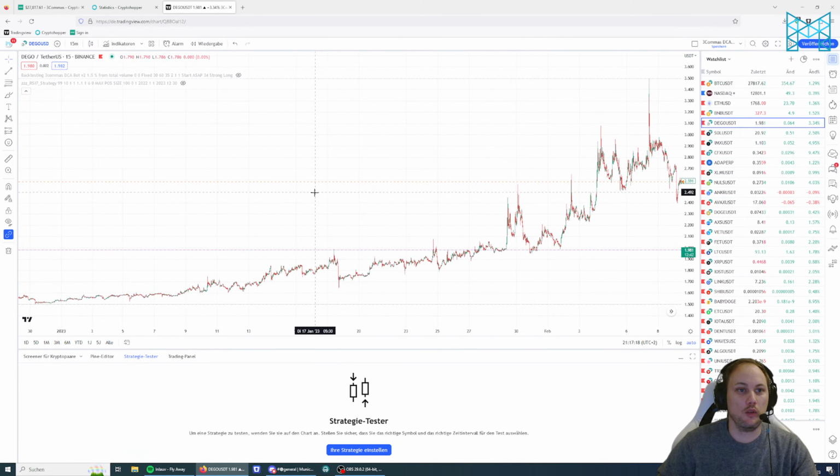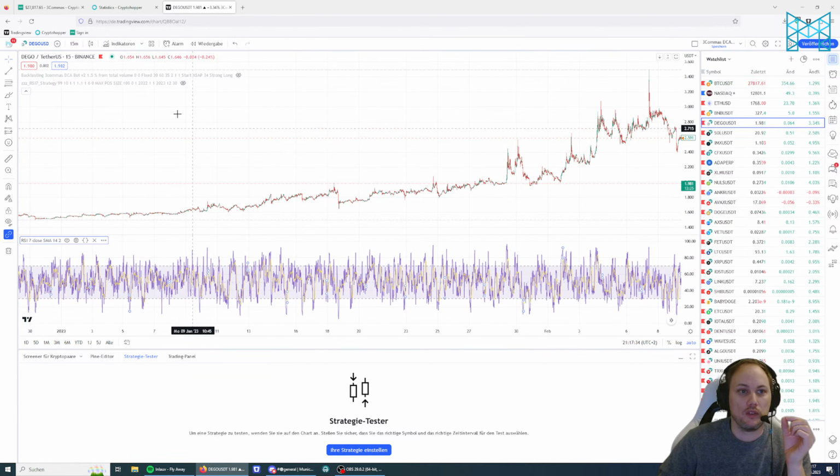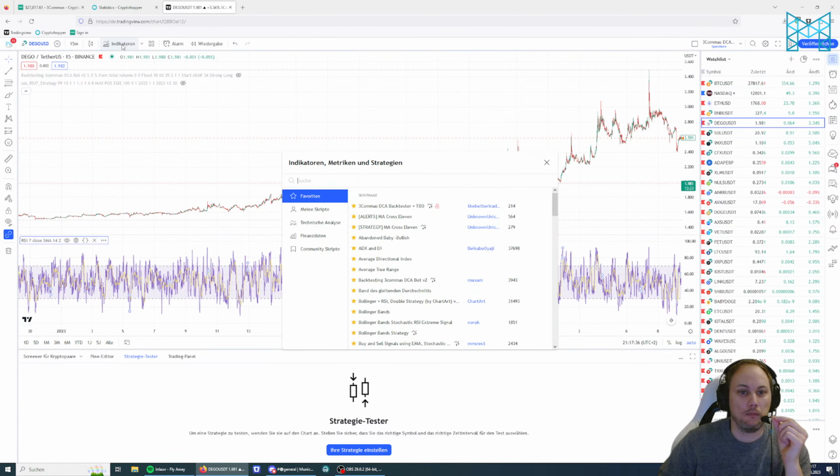in TradingView, for finding good coins for DCA, for 3Commas, there's indicators. So in indicators, of course, we have the RSI, for example, which I, of course, like to add. And also you have indicators made by users, made by the community.